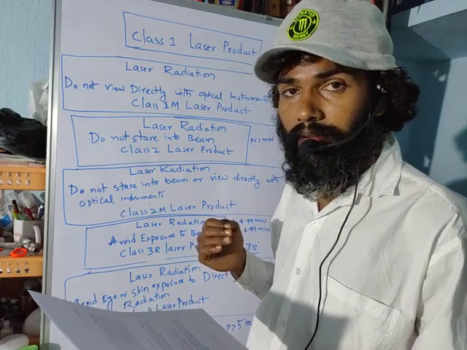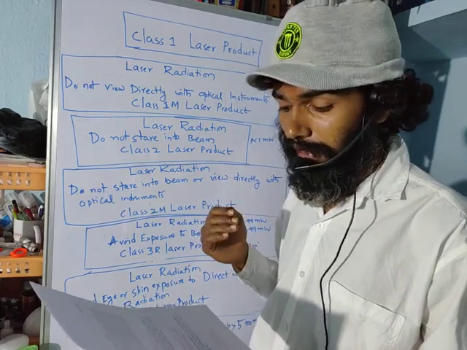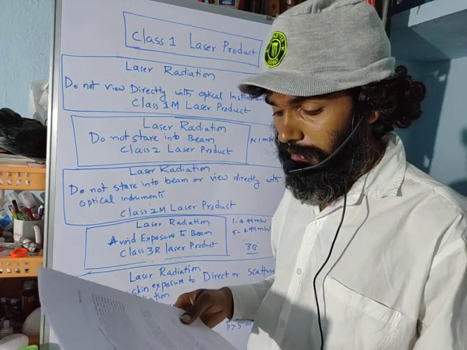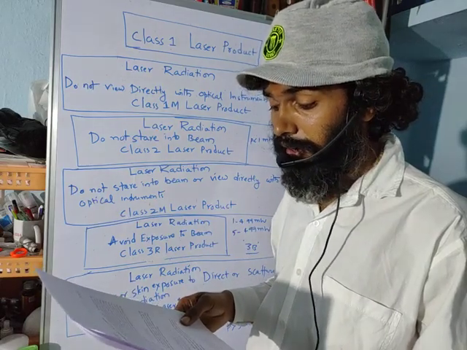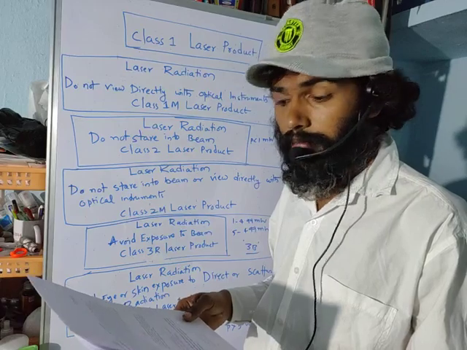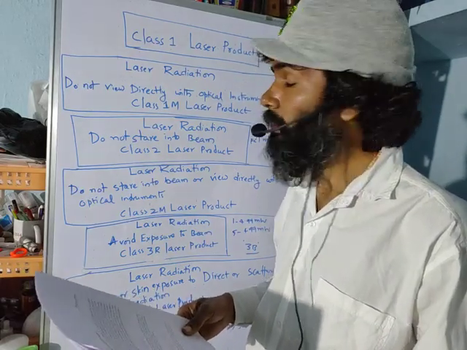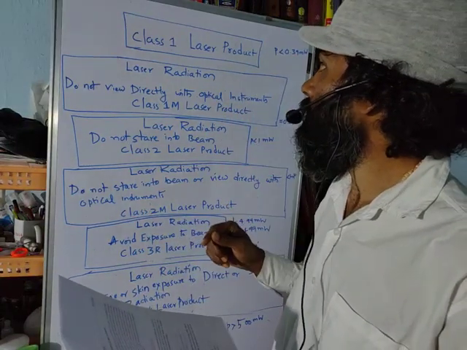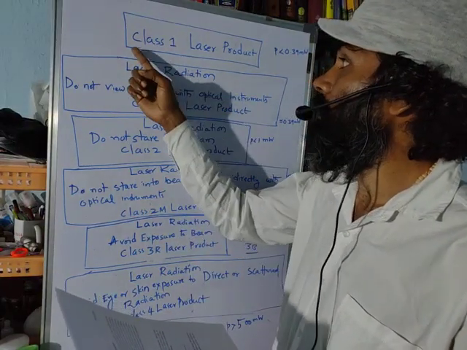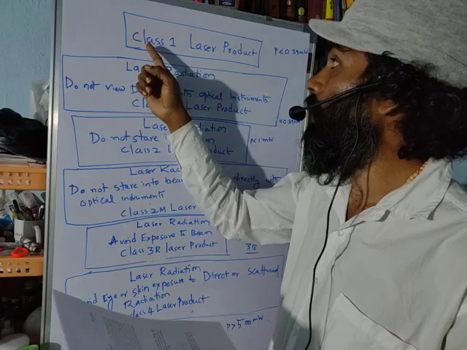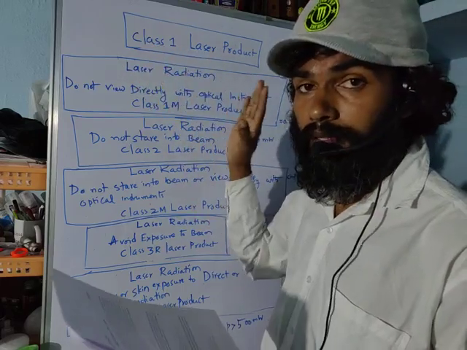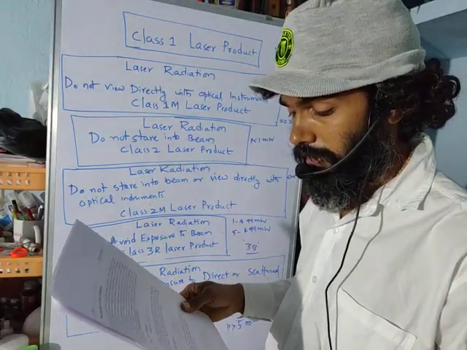Inside them you will have the lasers of this class. And these lasers are safe for long industrial viewing also. You can look at them for a long time and they're still safe. This is what I want to say about class 1 lasers, and they usually have this safety label, class 1 laser product.